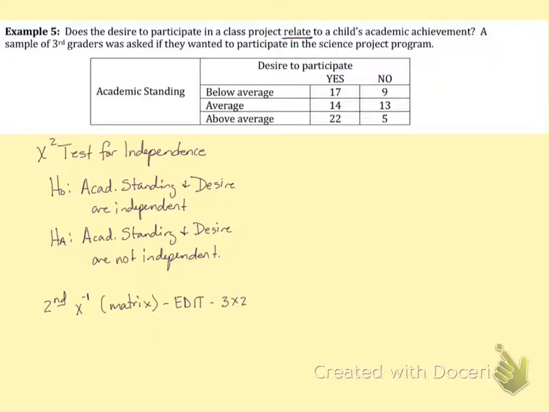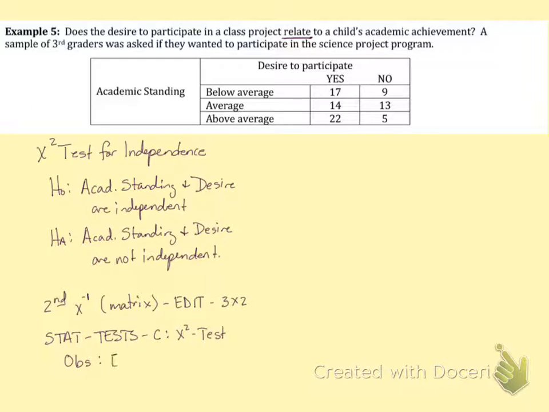Now we're actually going to go to the test. So we'll go to stat, tests, and we're going to arrow down to chi-squared test. So it's C. It just says chi-squared test. And the observed is usually already filled in.